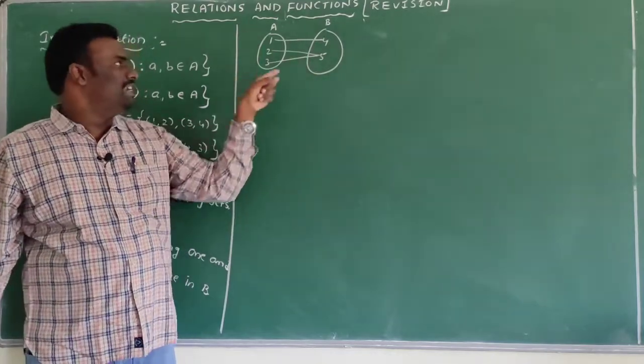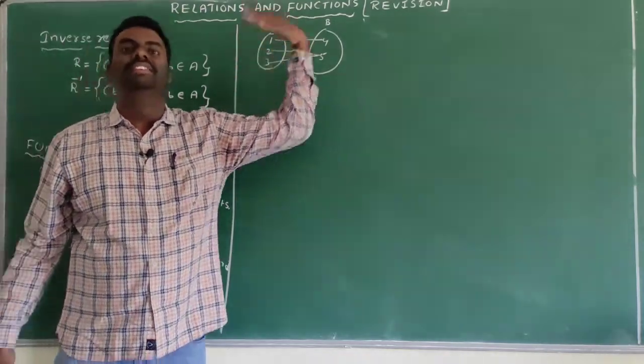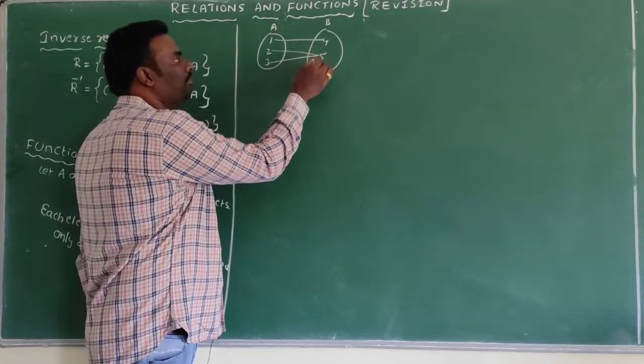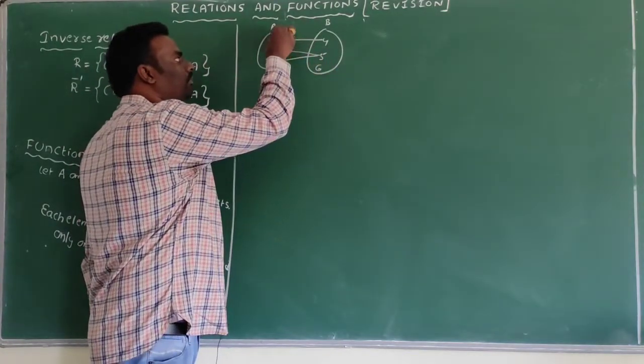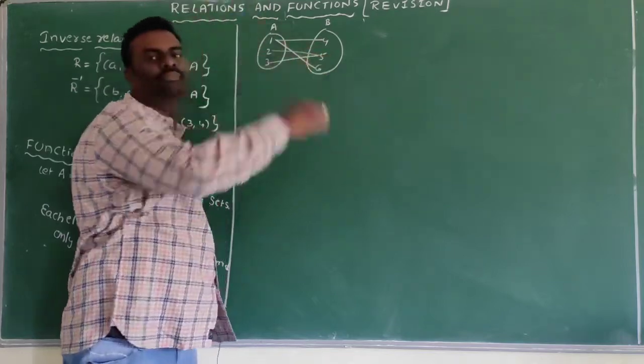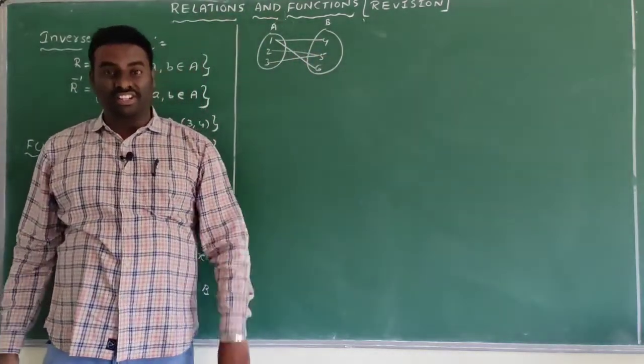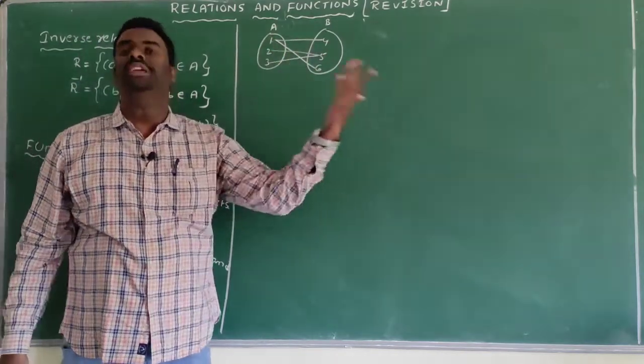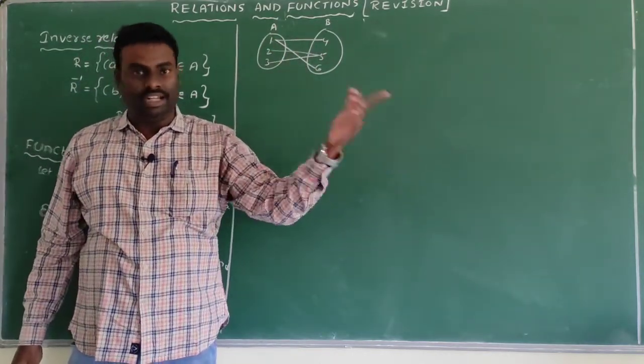So every element in set A having unique image in set B, that is a function. If I take like this, it is not a function. Why? Because 1 having how many images? 2 images. That is not possible.